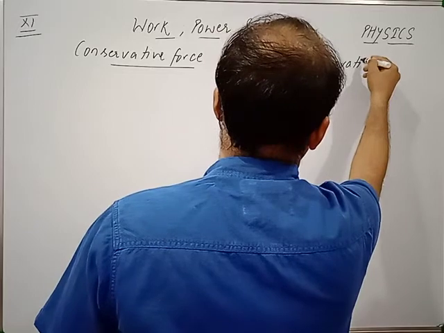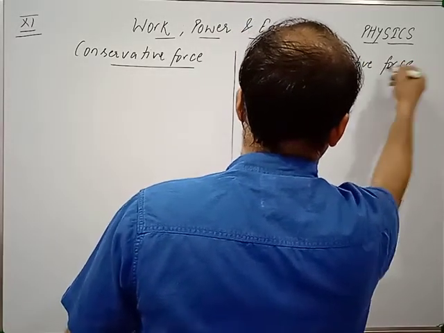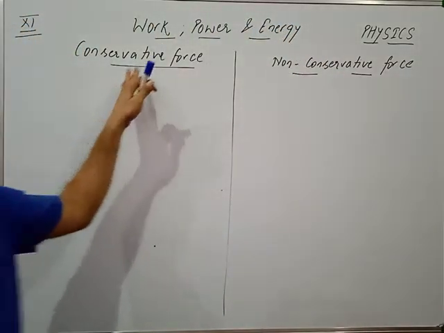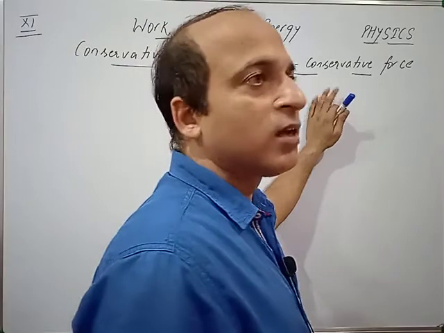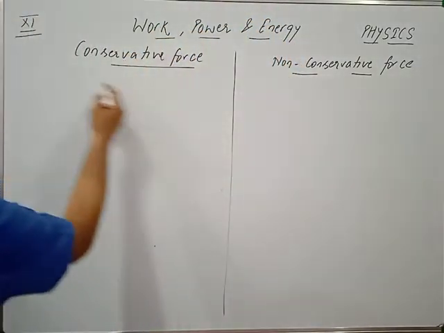Now when do we say that the force is conservative? Students generally have this definition in mind: whatever is conserved is conservative, whatever is not conserved is not conservative. No, that is not the difference, right? You have to move like this.